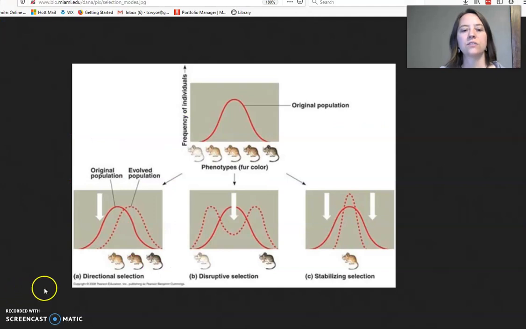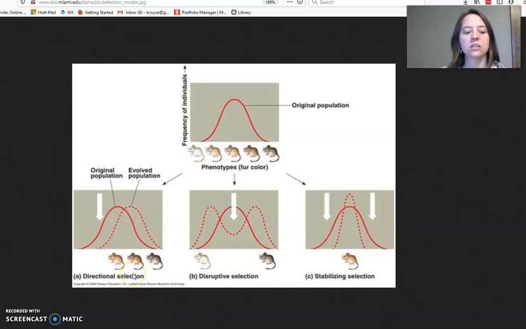Let's look at these different types and what would happen in natural selection and evolution if we had the original population, where we have a couple of white mice, a little bit more light-colored mice, a lot of brown mice, a little bit fewer dark-colored mice, and very few black mice. If it was stabilizing selection, we would see that the white and the black and the light and the dark mice all got eaten, and then the brown mice became more common in the population.